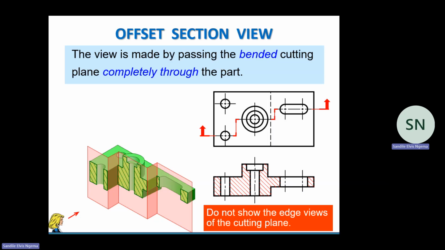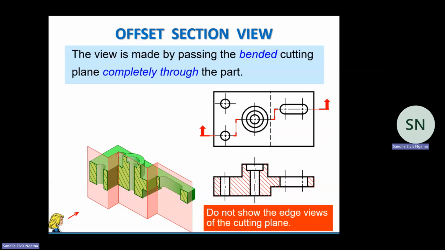Okay. All right, so I hope this video will assist you up to this far. Let me end this video from here, and then we are going to continue on our next lesson. Okay. But I will appreciate it if you really do attempt maybe one easy example before you even try exercises, and then try to apply all these three concepts of section view, which is full section view, half section view, and offset section.